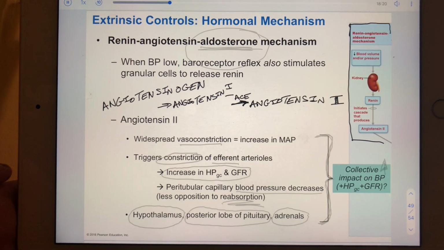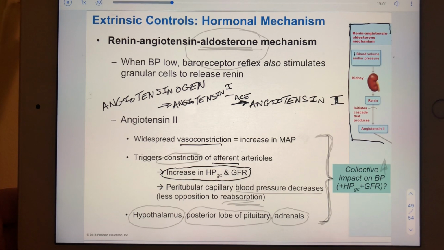Angiotensin 2 we know is a vasoconstrictor. So we're expecting an increase in mean arterial pressure. However, we probably didn't know that angiotensin 2 triggers constriction, be careful, in efferent arterioles. Well, if we're constricting the post-glomerular flow, then we're actually eliciting an increase in hydrostatic pressure within the glomerular capillaries, and therefore an increase in glomerular filtration rate.